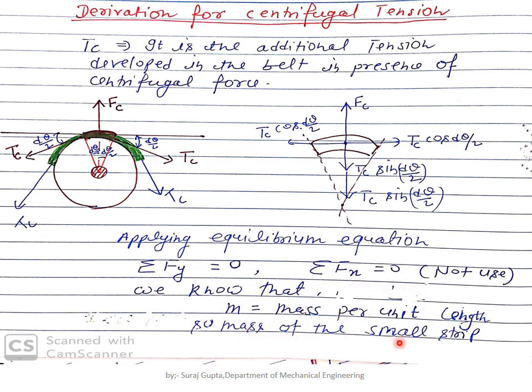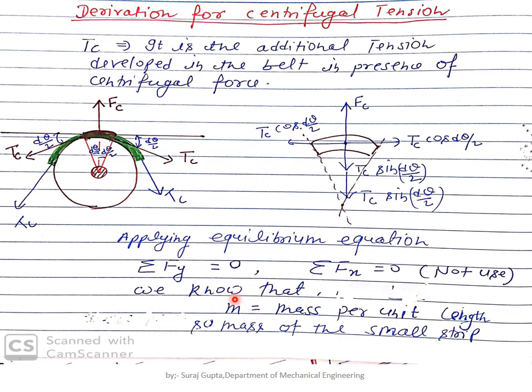Suppose there is a mass of 10 kg and the length of the belt is 20 meters. So what will be the small m? It will be 10 by 20, that is 0.5 kg per meter.